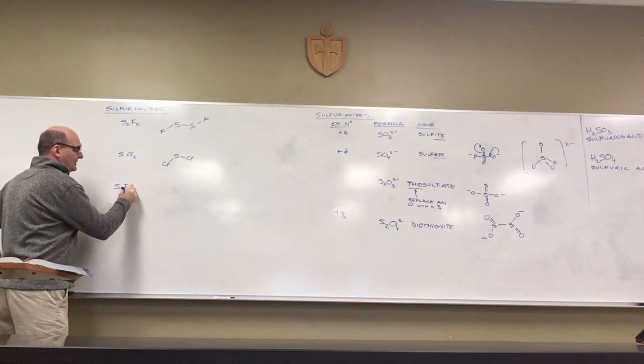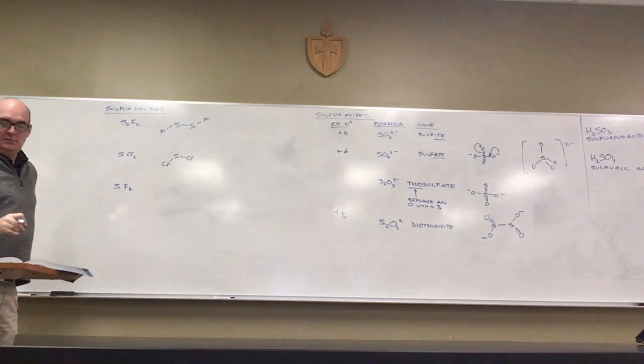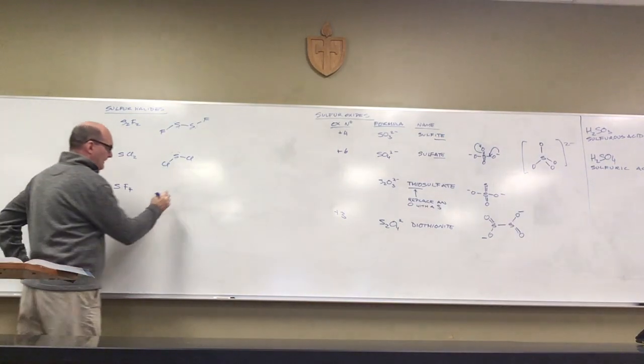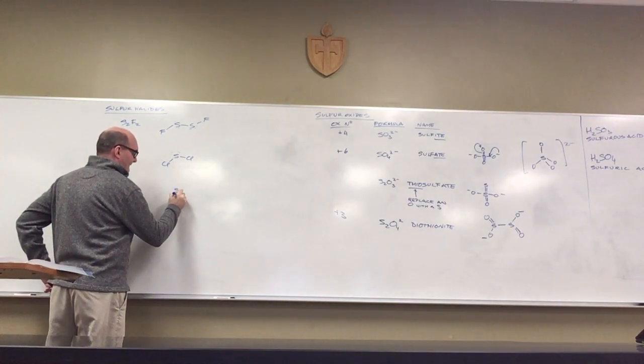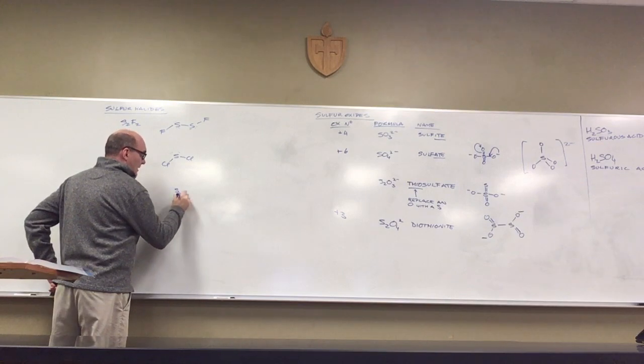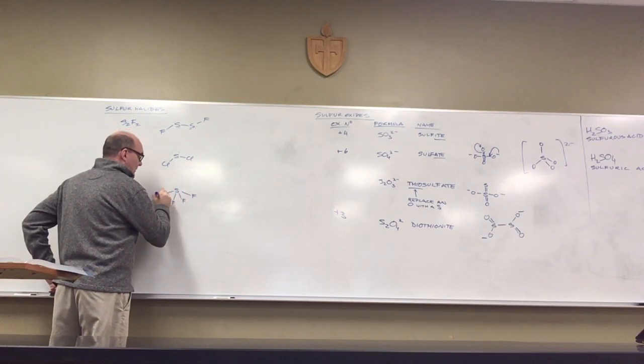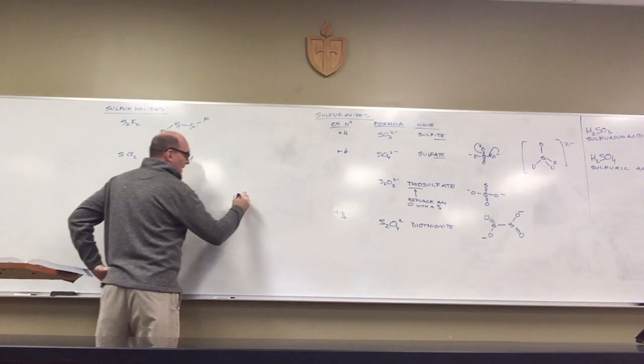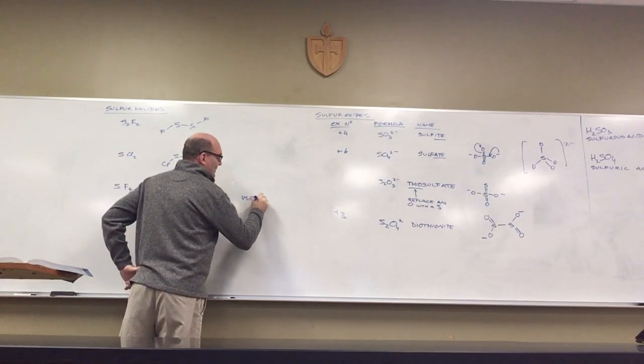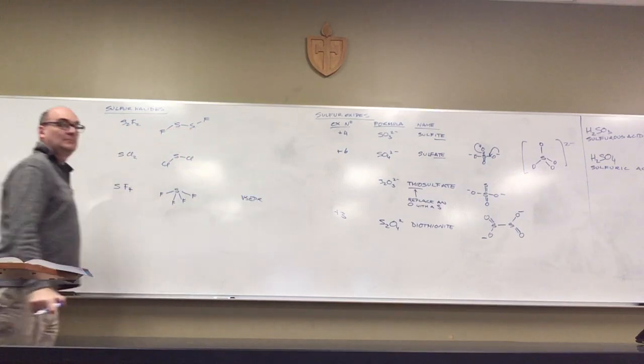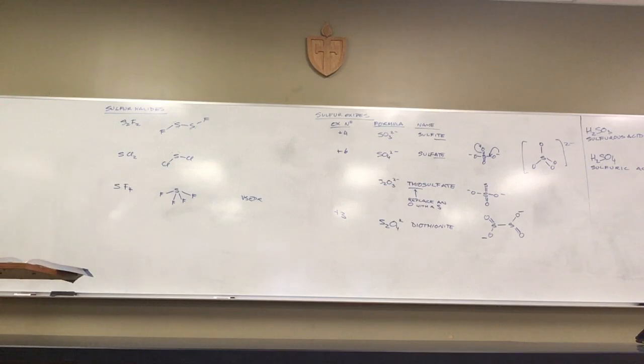Let's do the F. This is in the chemistry textbooks, SF4. This is in the book at the point where we talk about valence shell electron pair repulsion theory. Because if we figure out what's going on at that sulfur, there is still a lone pair of electrons on that sulfur.